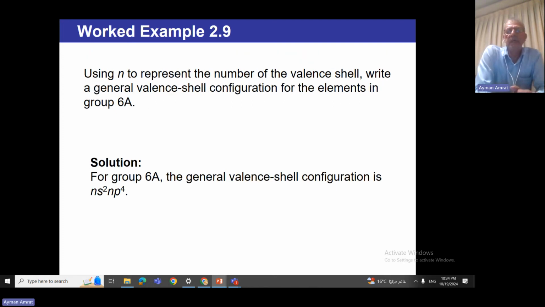The general valence shell configuration is ns2 np4, for a sum of 2 plus 4, 6 electrons. Group 6A always contains 6 electrons in the valence shell.